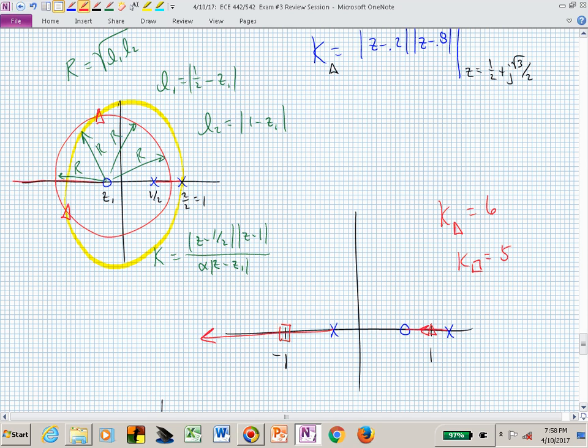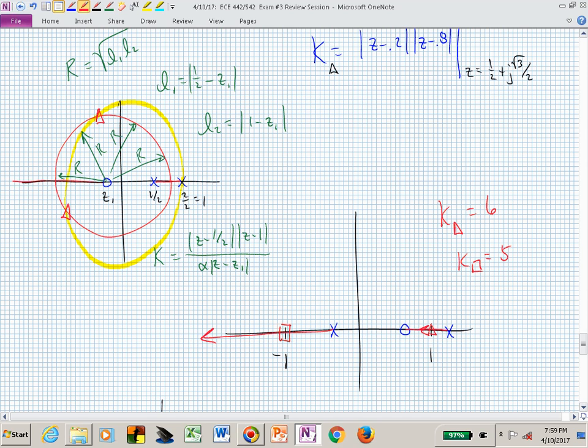Now as I crank up the gain from 0, I'm not stable at 0 because that pole is outside the unit circle. I crank it up to 5, and oh, that pole that's in the left half plane is now right on the stability boundary, and that pole that's to the right of 1 is not yet to the unit circle, because it's going to take a gain of 6 to get it inside the unit circle.